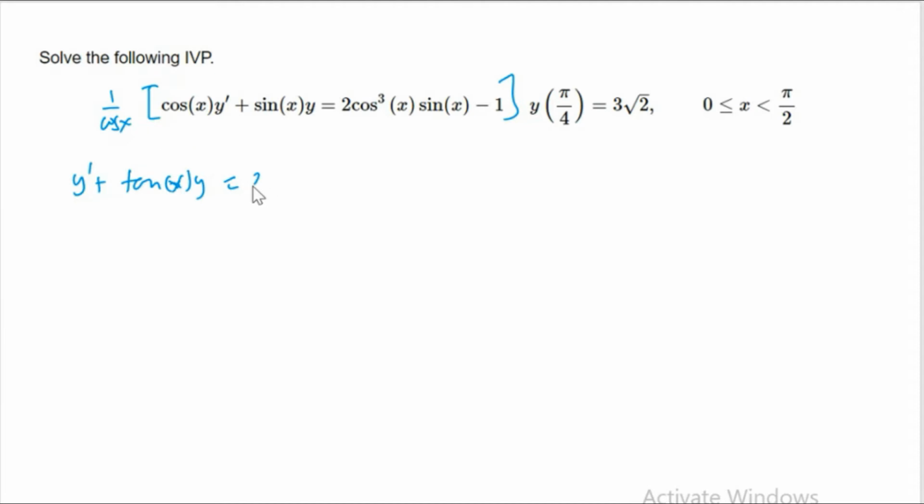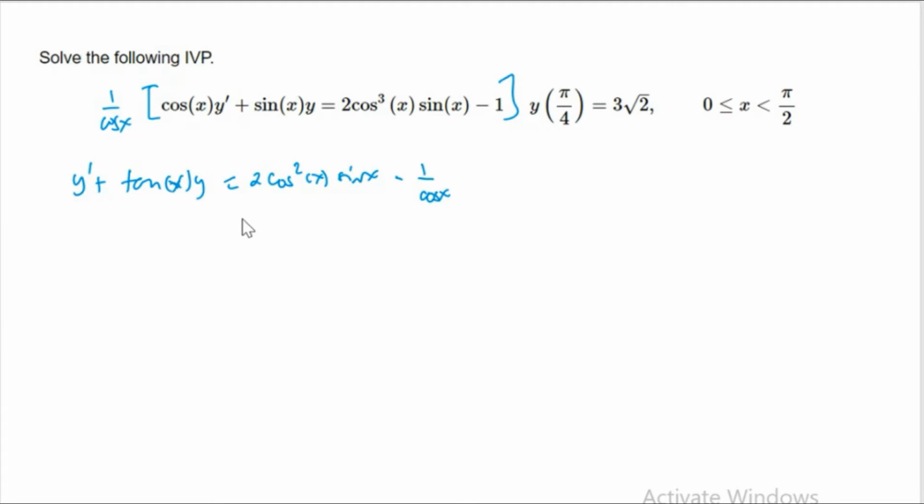So the quotient is 2 cosine squared of x sine x, minus 1 over cosine x times negative 1, which is 1 over cosine x, or you can write the identity of 1 over cosine x as secant x.